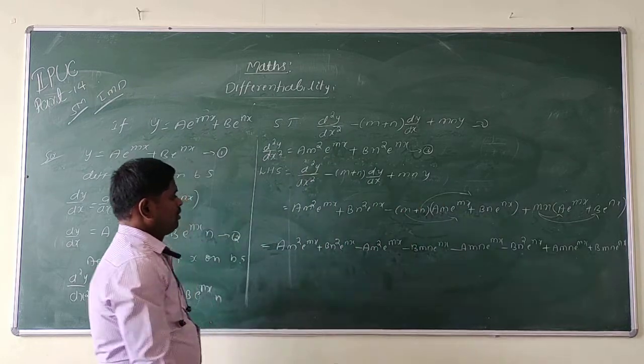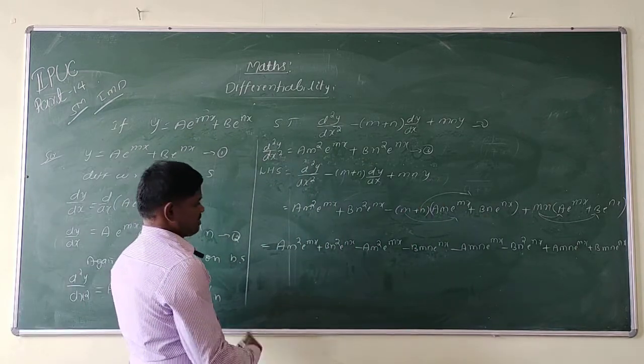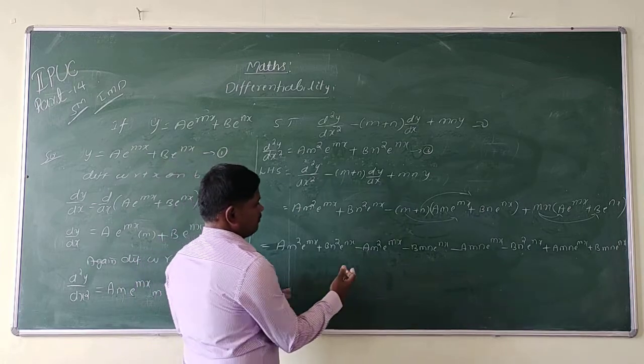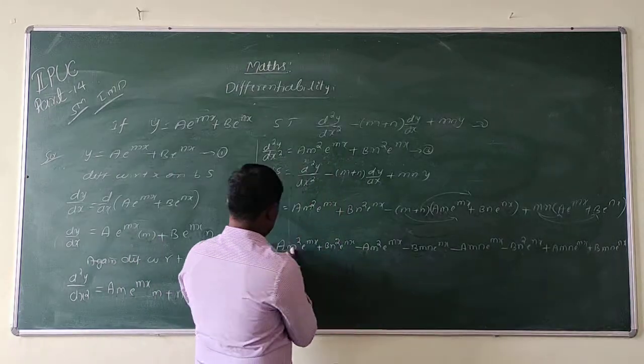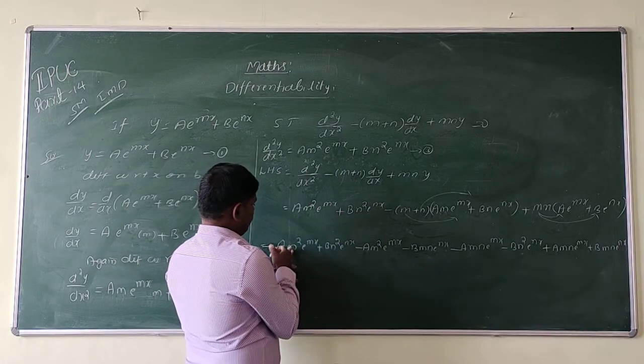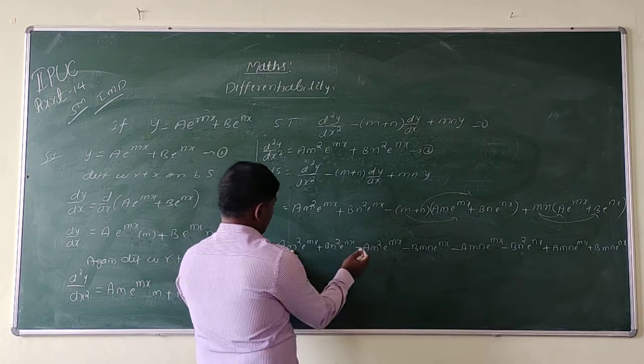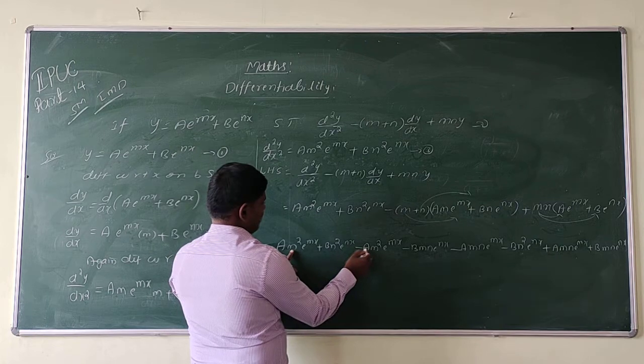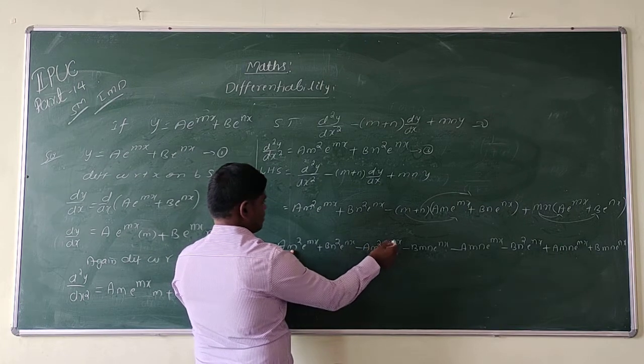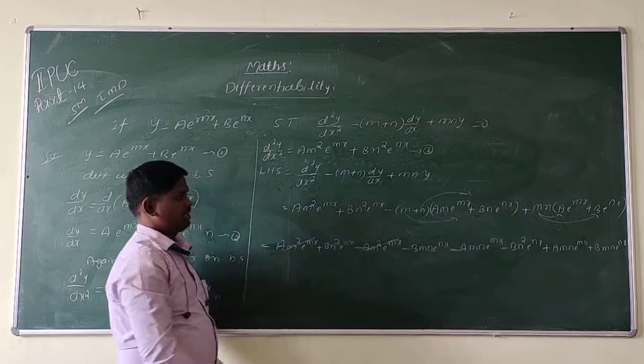So observe, if like terms are there, then we are going to cancel them. Here, see here, a m square into e to the power of mx, and here minus a into m square into e to the power of mx. Therefore these two terms get cancelled.